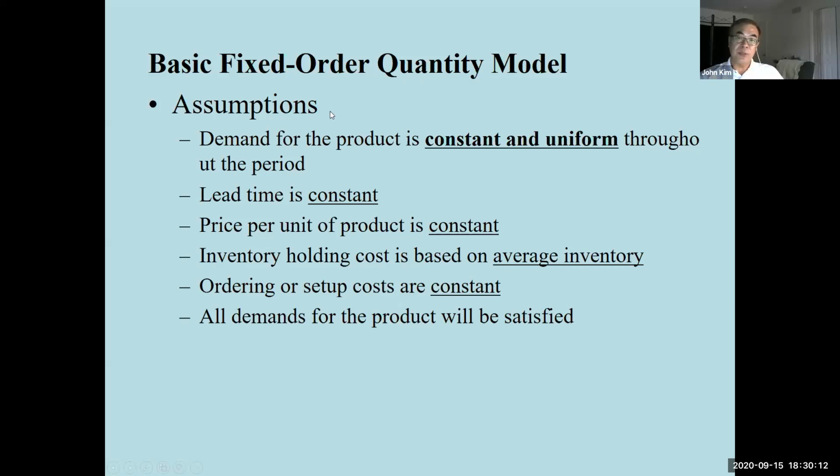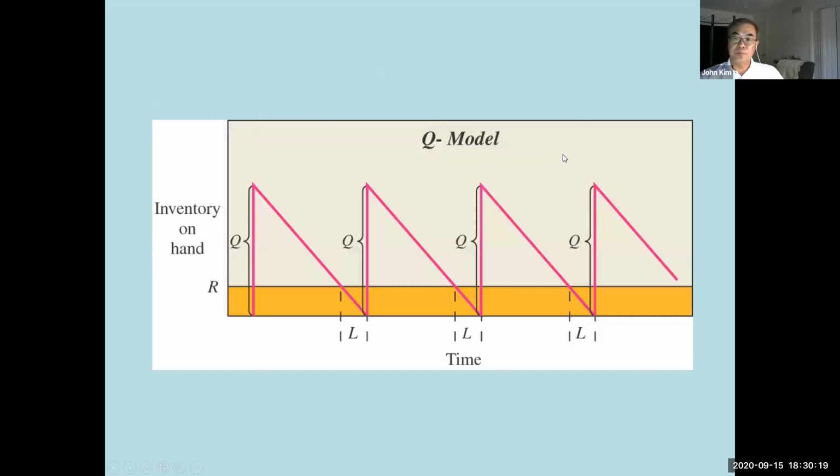Basic EOQ model assumptions. Demand for the product is constant and uniform. We order Q and then receive Q, then the initial inventory level is here. If demand is constant and uniform, then this inventory level line is straight like this, linear.